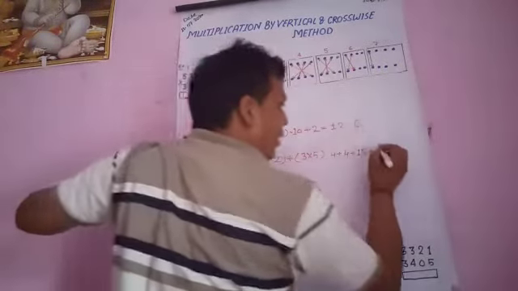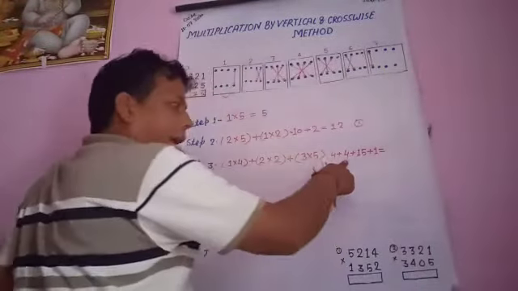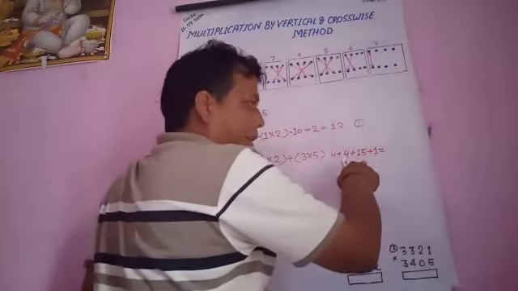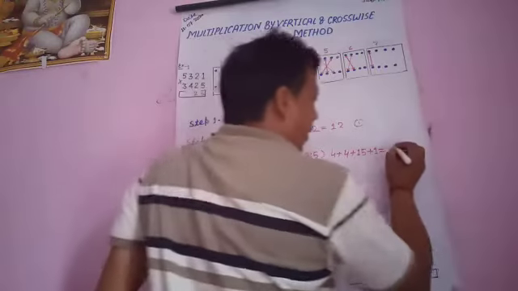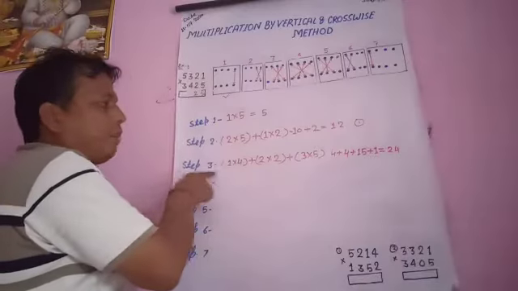The previous number is carry, so plus 1. 4 and 4 is 8, 8 and 15 is 23, and 1 is 24. Your answer is 24 and step 3 is complete.